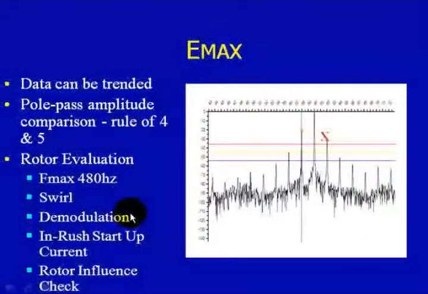And what's left behind are mechanical anomalies or mechanical energies in the demodulation spectrum. We can also utilize this for very accurate 2-pole rotor bar analysis. We can use our inrush startup current, which is monitoring the most stressful time of the motor. And for MCE, we look at our rotor influence check.